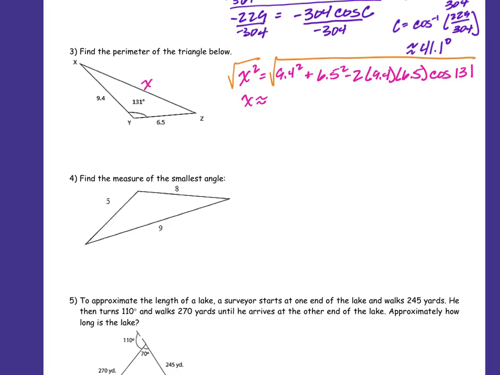So that should be 14.5. To find the perimeter, the perimeter is going to equal 14.5 plus 9.4 plus 6.5, which equals 30.4. Okay, questions?